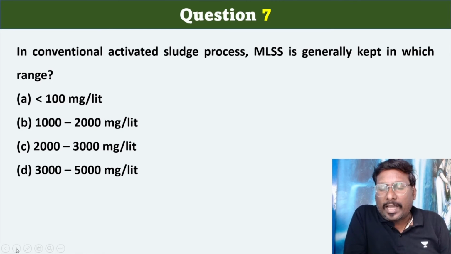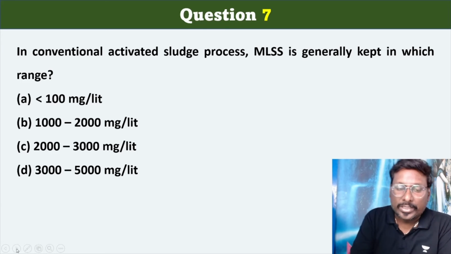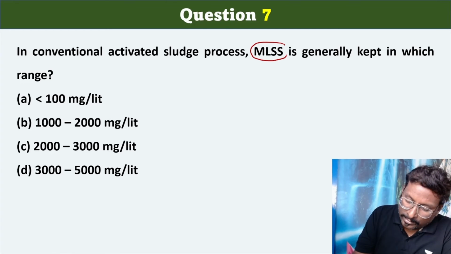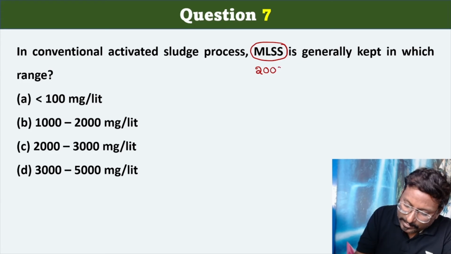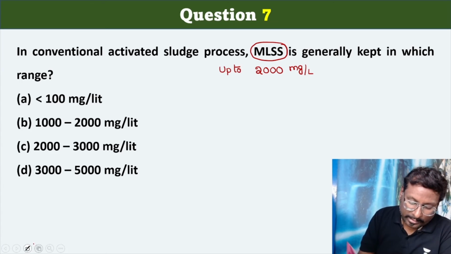In conventional activated sludge process, MLSS generally kept in which range? Conventional activated sludge process generally will take MLSS up to 2000 mg per liter.